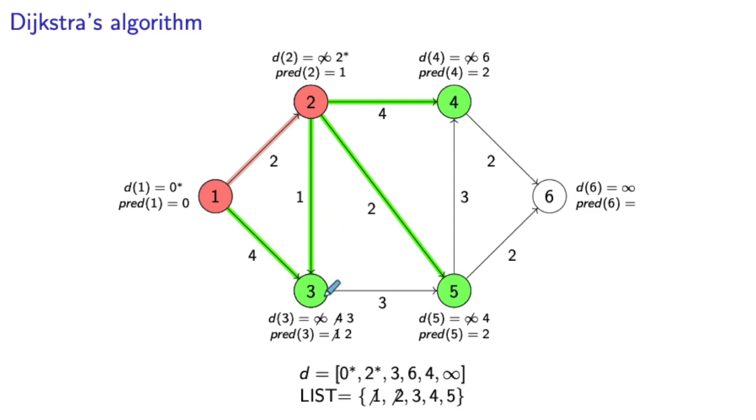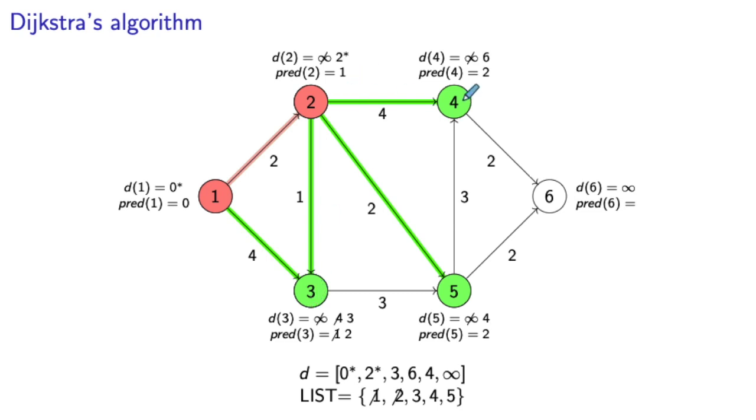So we can see that 2 plus 1 is 3, which is better than 4 that we had before here. Therefore we update the distance label to 3, and we update the predecessor label to 2 because we reached this node with the distance of 3 from node 1 by coming from node 2, not from node 1 directly, right? So the predecessor is node 2 now.